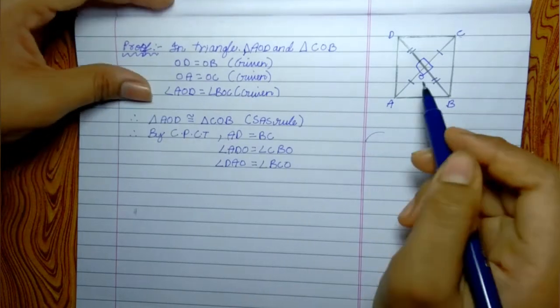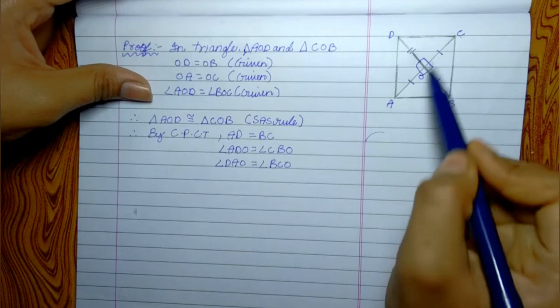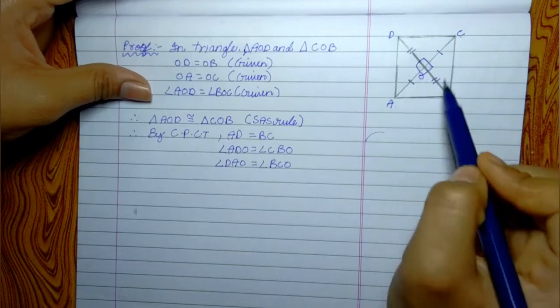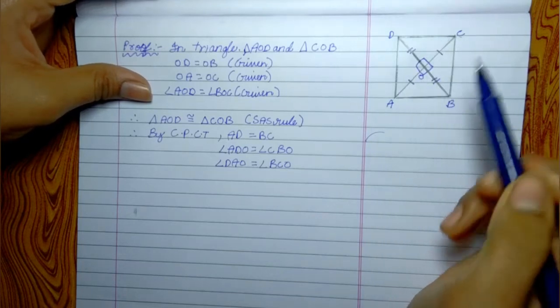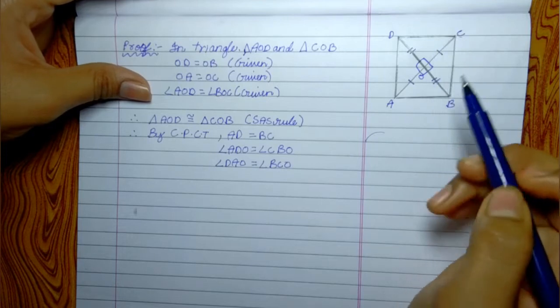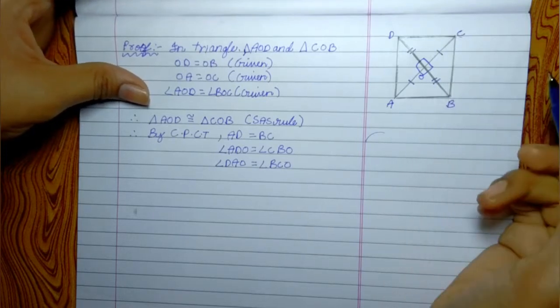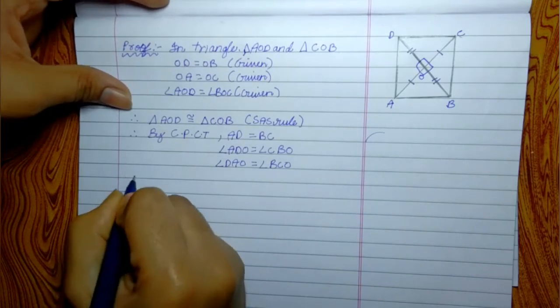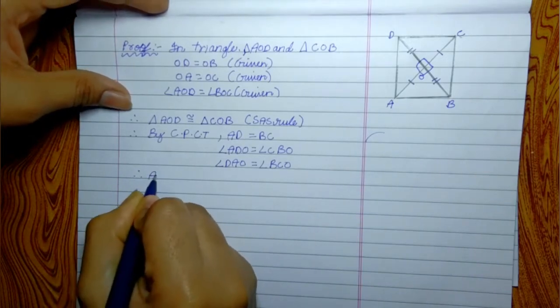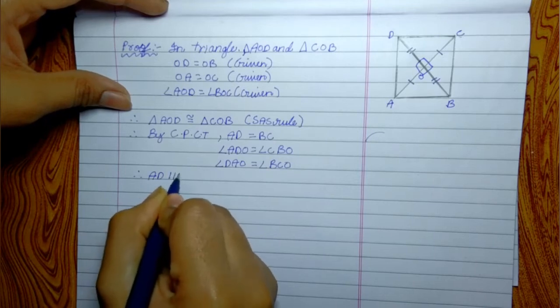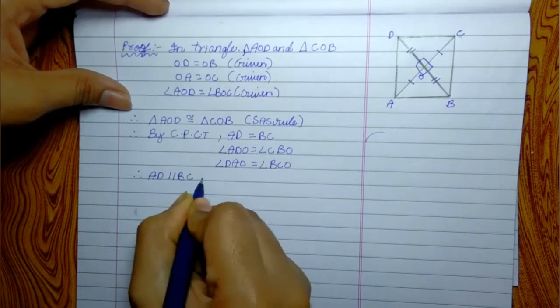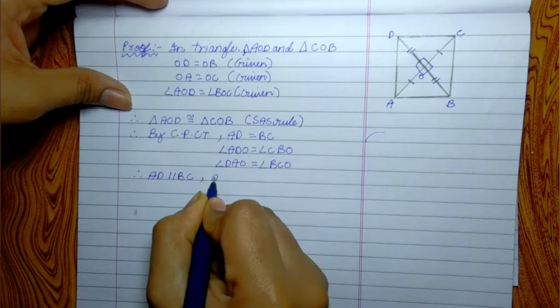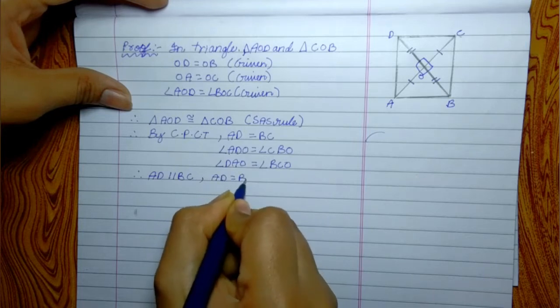It means AD is parallel to BC. Therefore, AD is parallel to BC and AD is equal to BC.